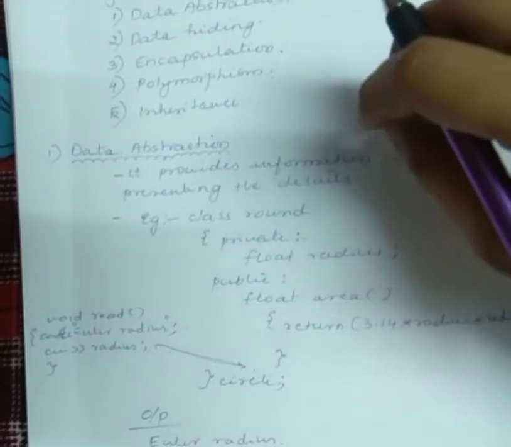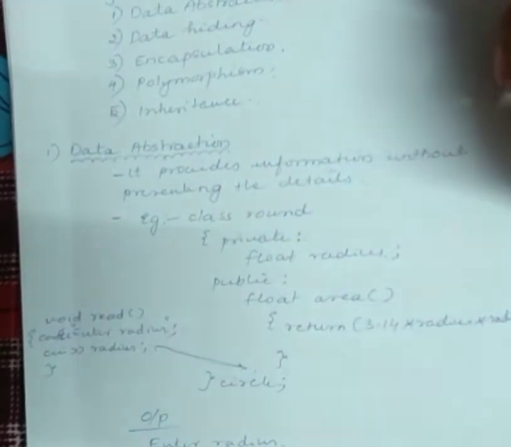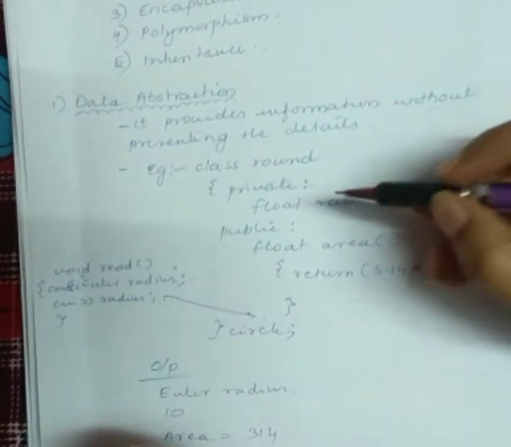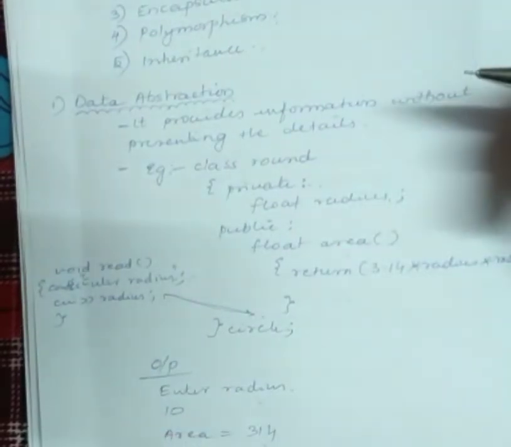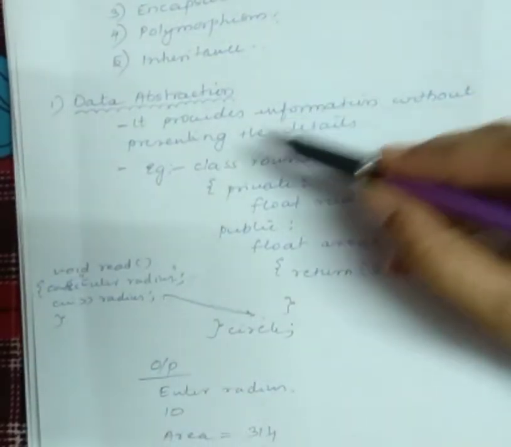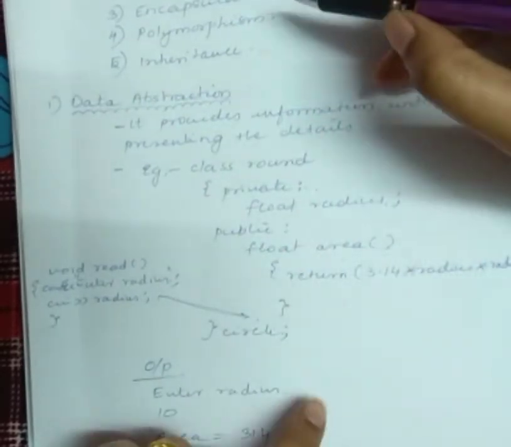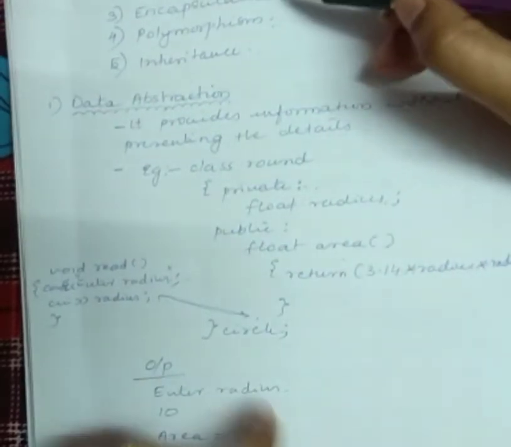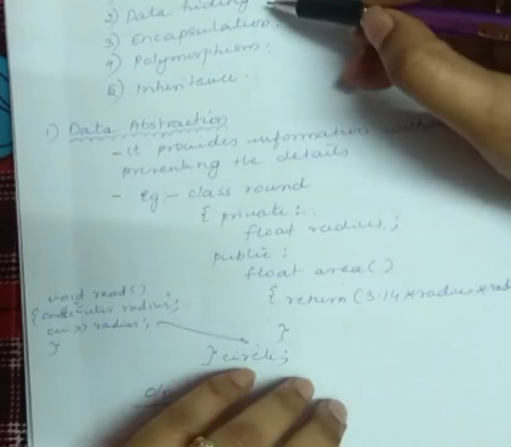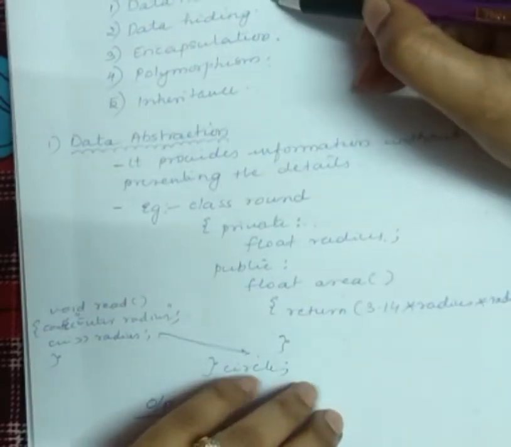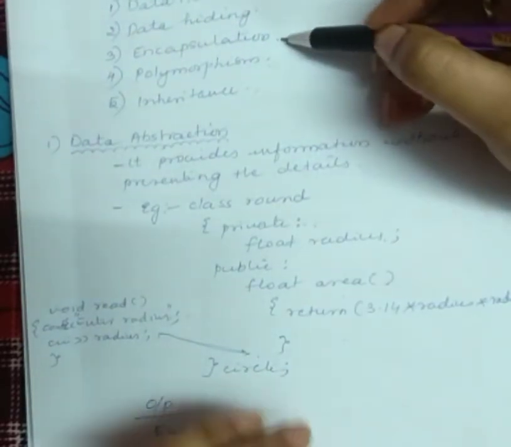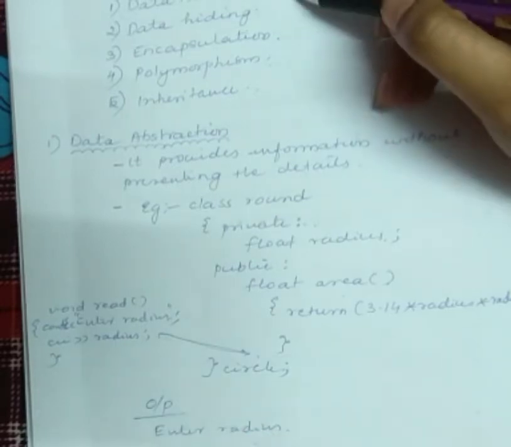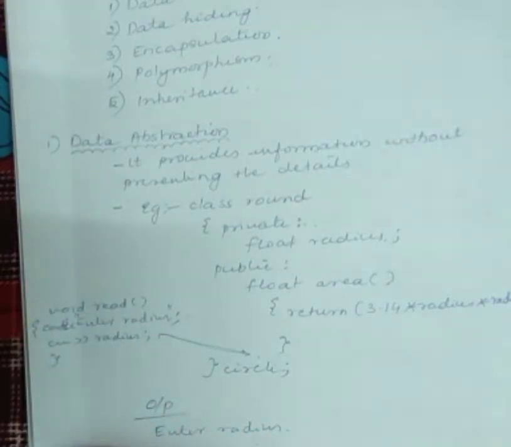Just like that, in C++, with the help of access specifiers, we are giving the facility known as encapsulation. I have already discussed this in data hiding and abstraction. Encapsulation is a combination of data abstraction and data hiding.